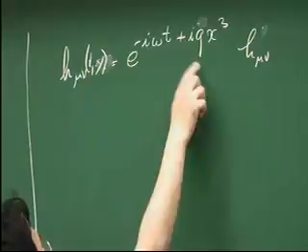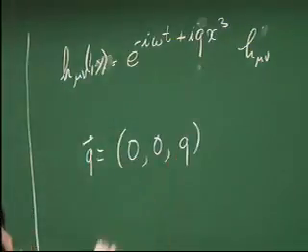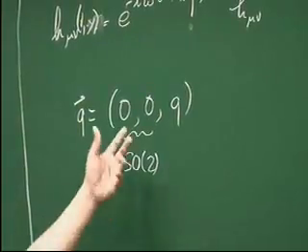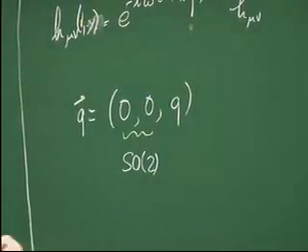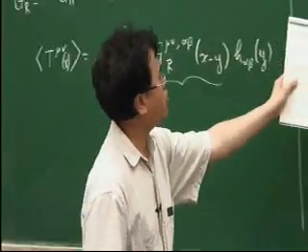Okay, so we have chosen Q to be (0, 0, Q). So we have broken the SO(3) rotational symmetry. All the perturbations, on the other hand, can be classified with respect to the SO(2) rotation in the x and y direction. So our wave is propagating in this direction, and the gravitational perturbations can all be classified in terms of their properties under SO(2).